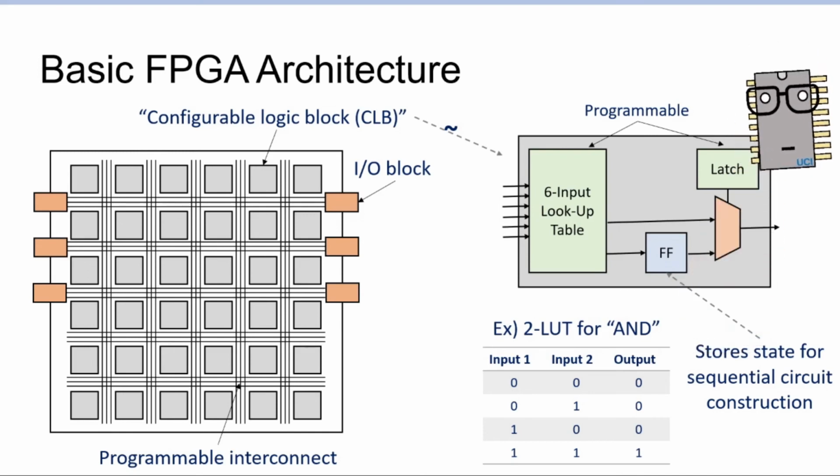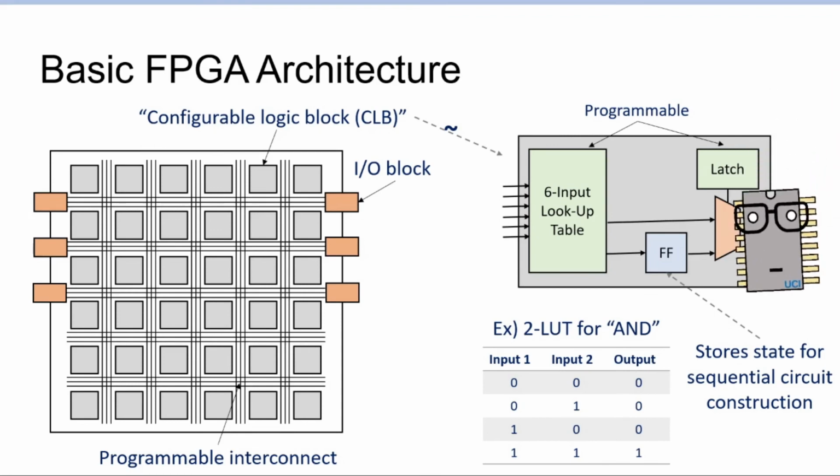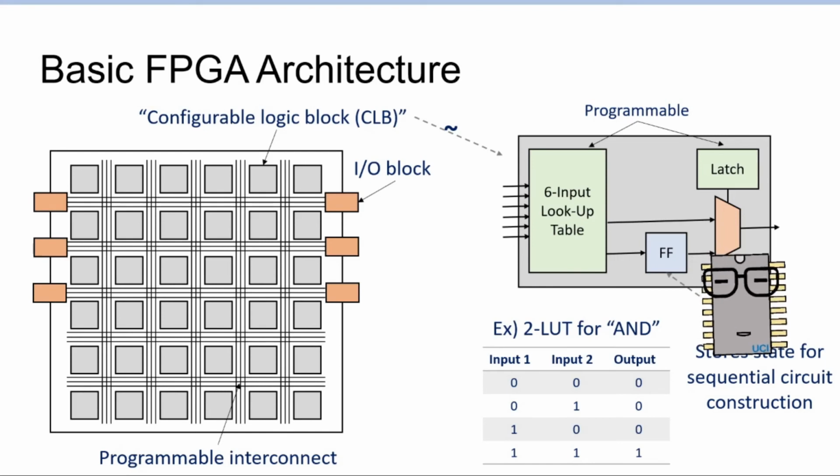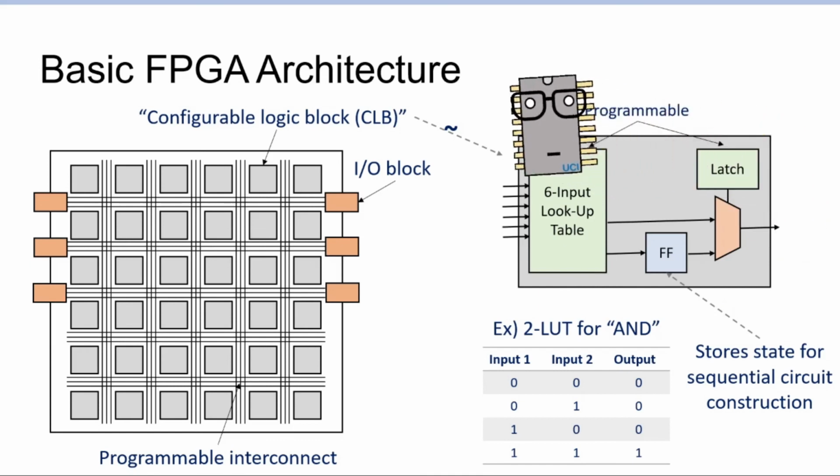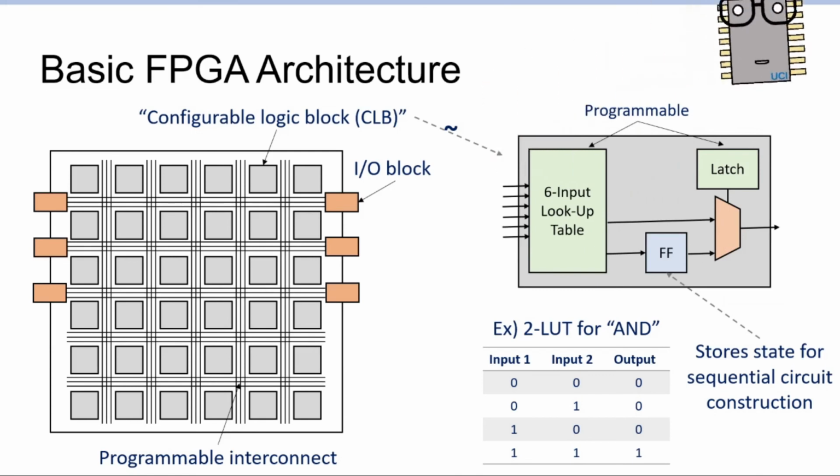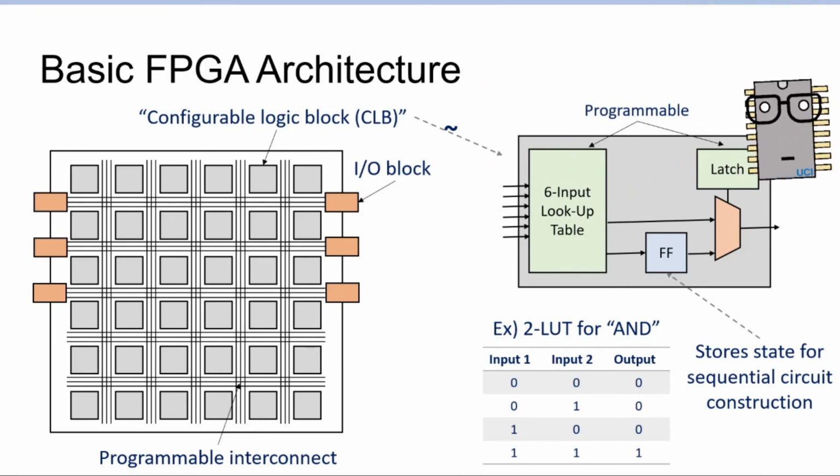Part of the program is also the value of this latch, which programs this CLB to either directly forward the output of the lookup table, or forward the output of the lookup table from the cycle before. So the flip-flop represents the sequential aspect of the circuit being implemented, and this latch represents whether this is part of a combinational or a sequential circuit.